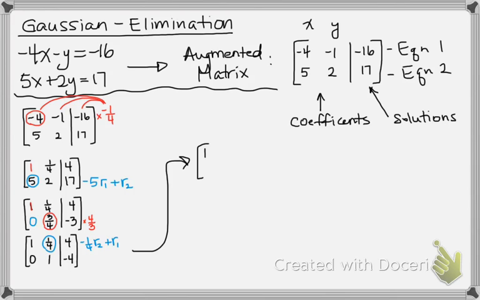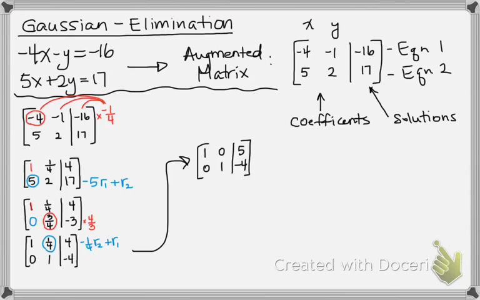Plus 1/4, they cancel out and you get your 0. Then on this row you have negative 1/4 times what's in this row. Negative 4 times negative 1/4 is a positive 1. And then you add that, which is 5. Now we didn't change our bottom row, so that's 0, 1, negative 4 still.